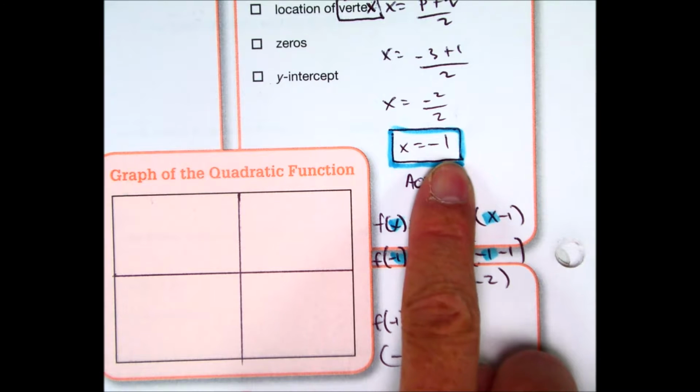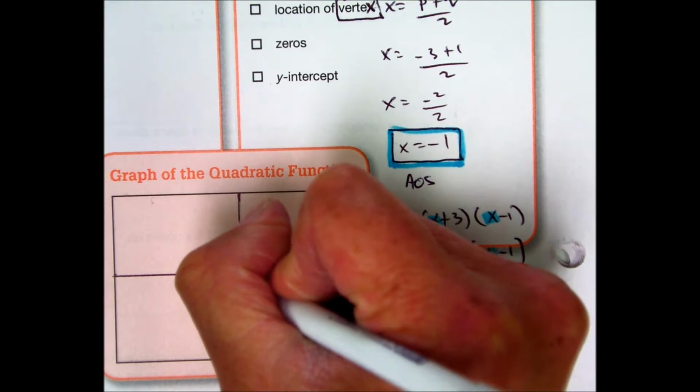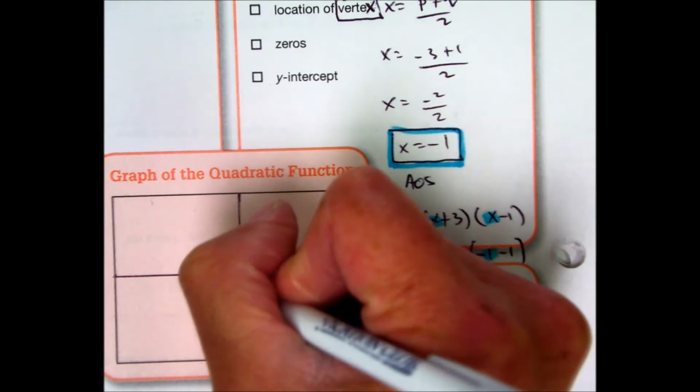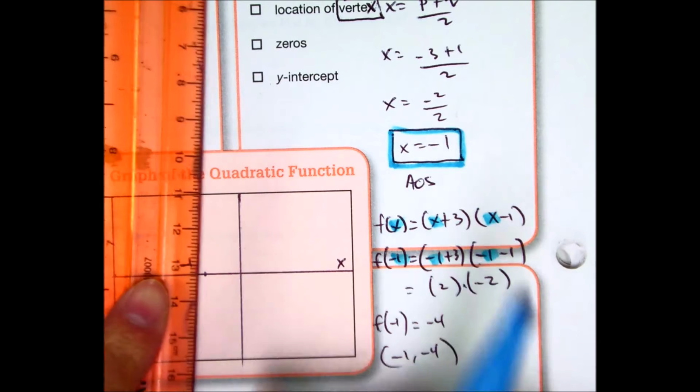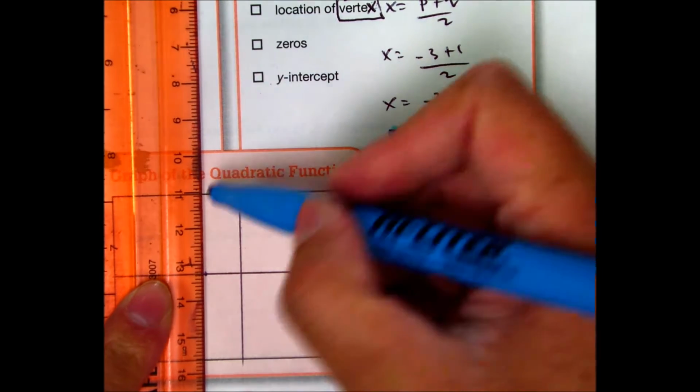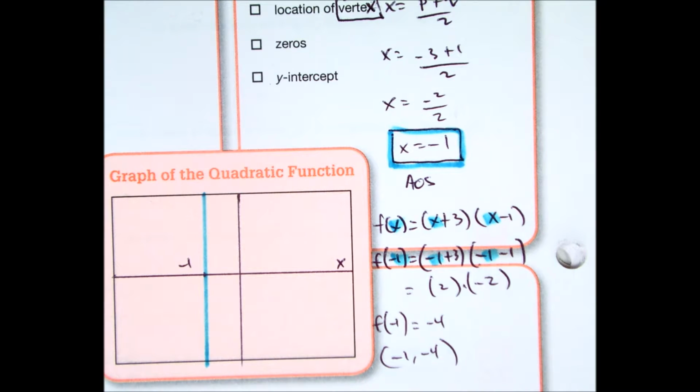I'm going to graph my axis of symmetry here at negative 1. This is my x values. This is at negative 1. Blue, blue. Class, what's always going to go on the axis of symmetry?